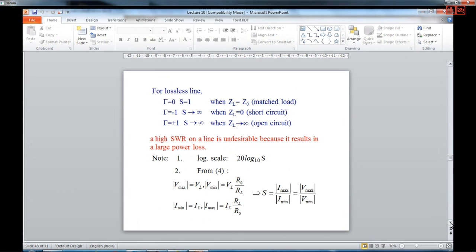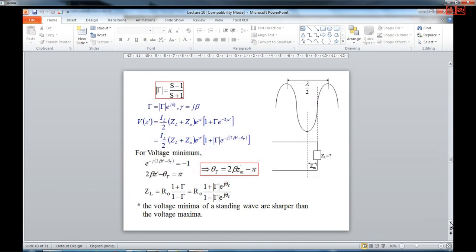So these are all different things what we have come across, and using this knowledge we have also developed a method to find the unknown load impedance value from measured values of reflection coefficient and distance to the first minimum. So again, please remember what we have discussed is that reflection coefficient magnitude is obtained from VSWR, which can be measured at various locations because several maxima and several minima exist.